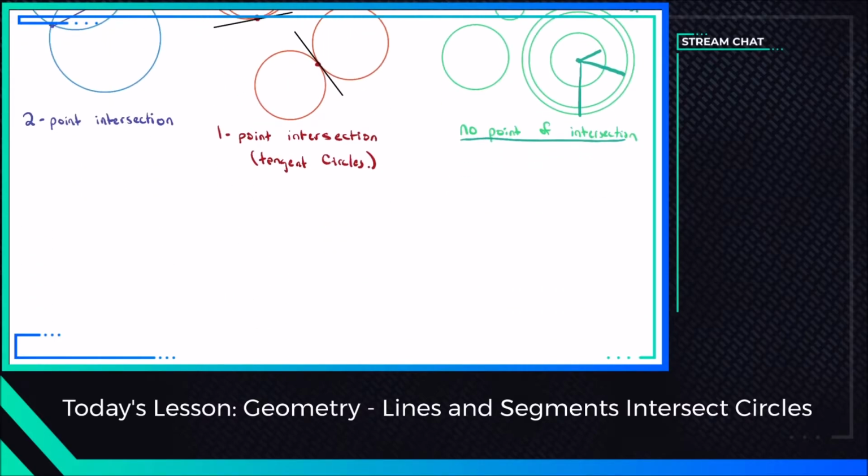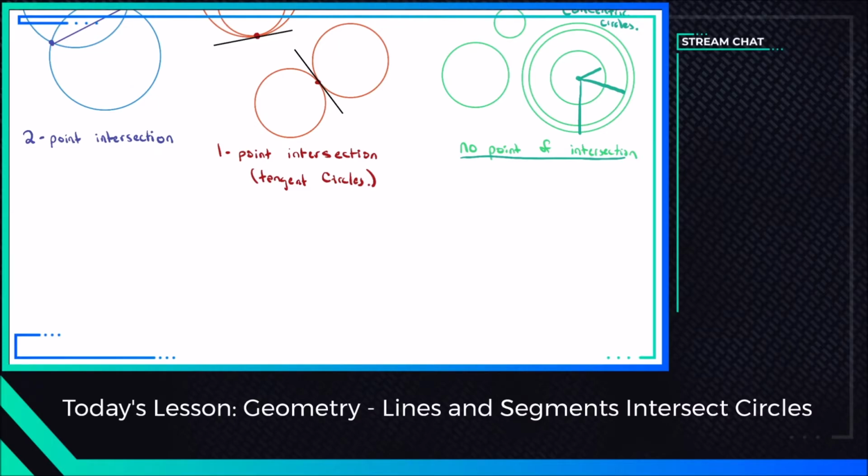So real quick, I want to take a deeper look at these tangent circles. And a line or segment that is tangent to two circles is called a common tangent.